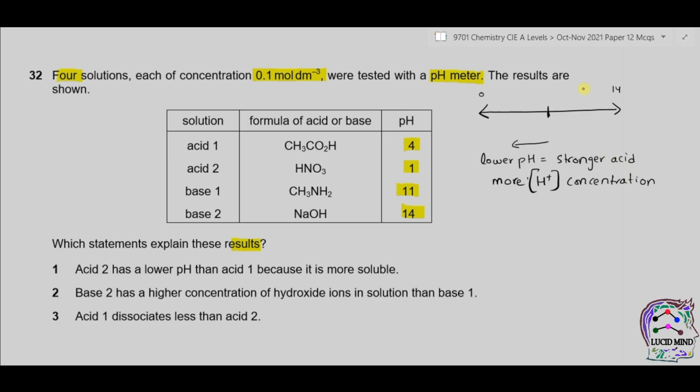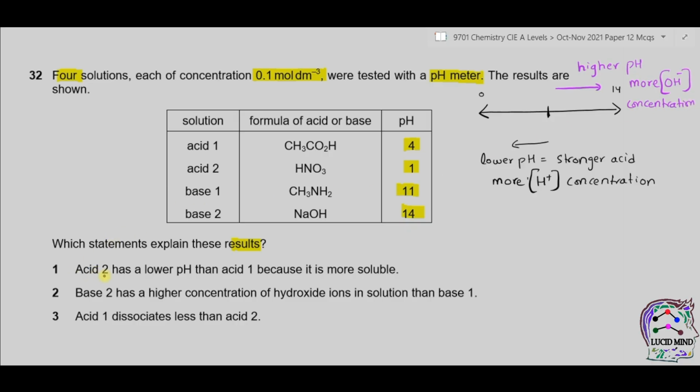Similarly, moving to this side we have higher pH, or we can say that we have more OH negative ion concentration. Let's move towards the options.